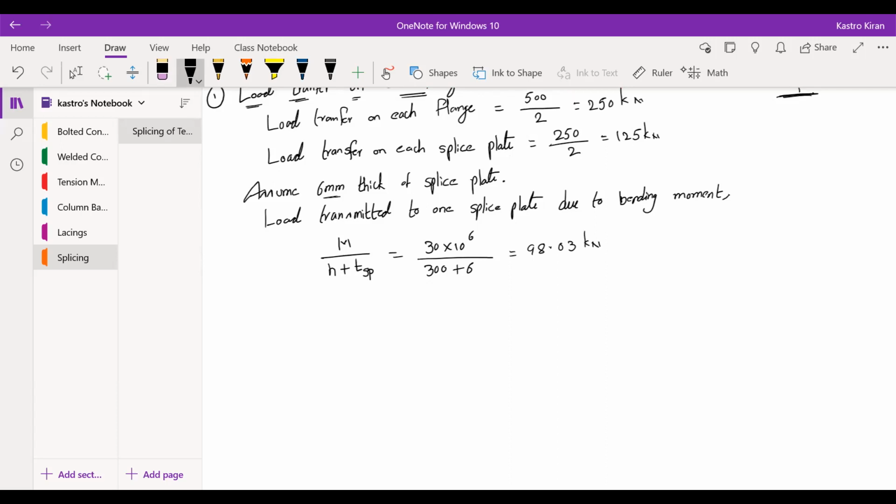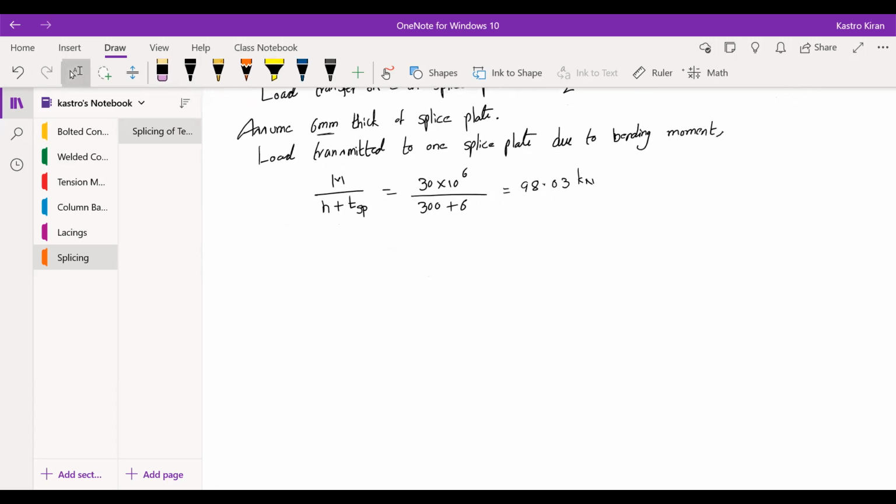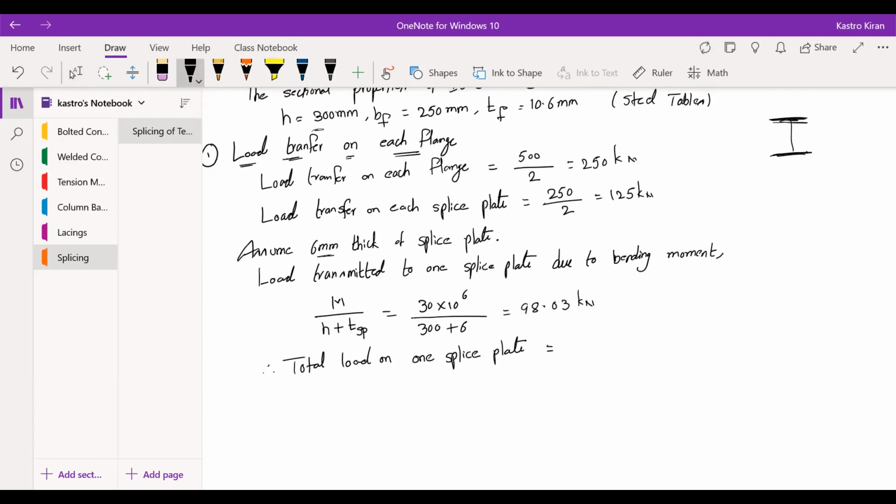This is the amount of load getting transferred on one splice plate due to the action of bending moment. Therefore, the total load on one splice plate is the addition of the load transferred on each plate and the load transferred due to bending moment.